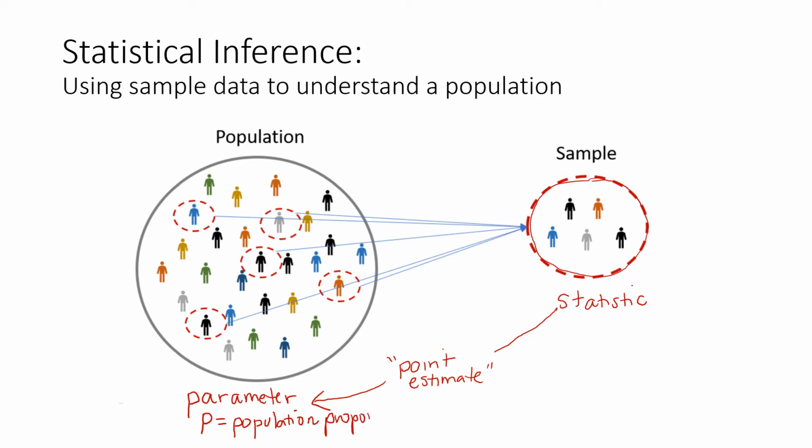So our parameter of interest is going to be the population proportion p. We will calculate from the sample proportion, which we give the notation p-hat. And so we'll be using the sample proportion p-hat as our best estimate for the population proportion p.